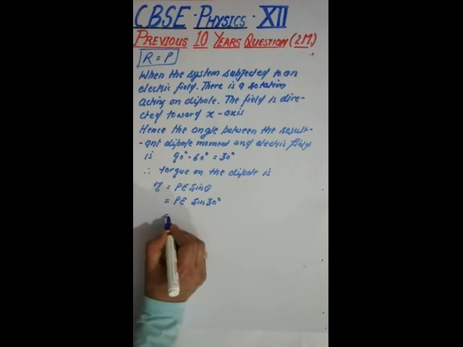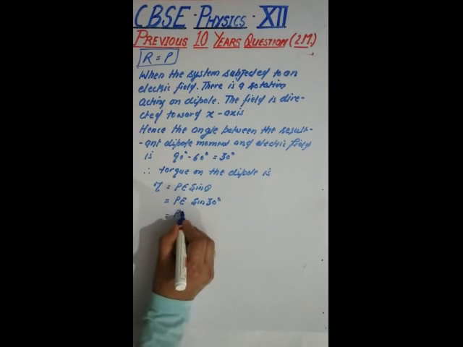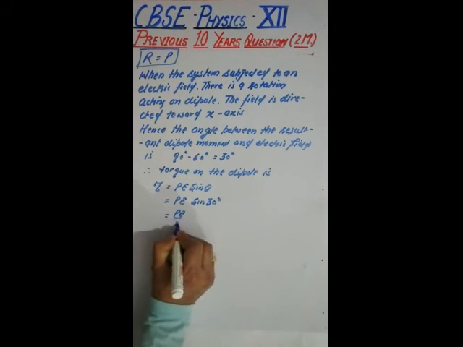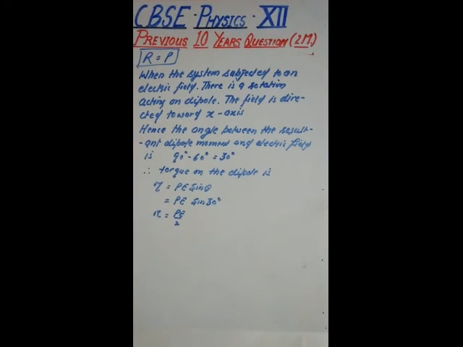The value of sin 30 degree will be 1 upon 2, so we can write PE upon 2, the torque.